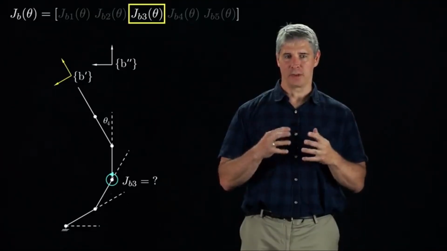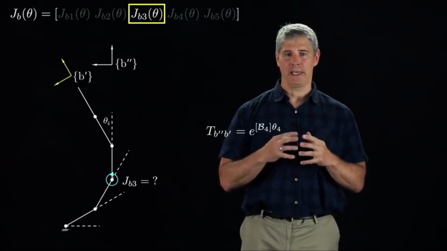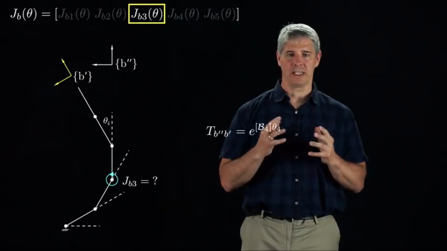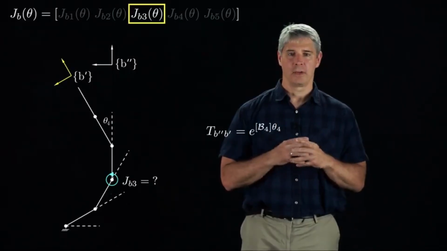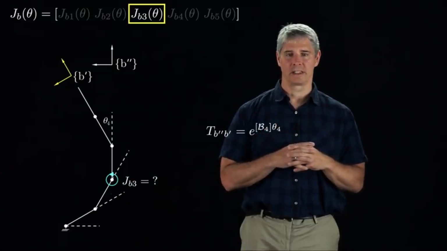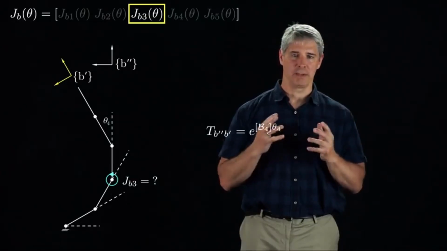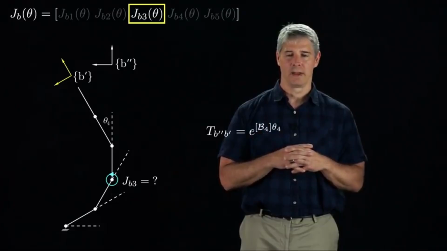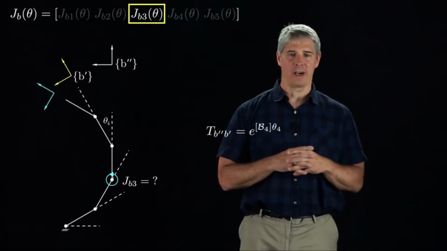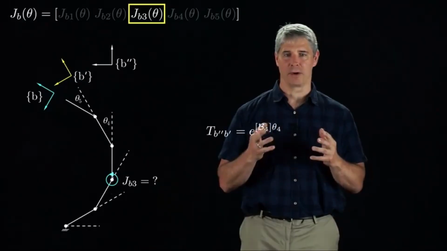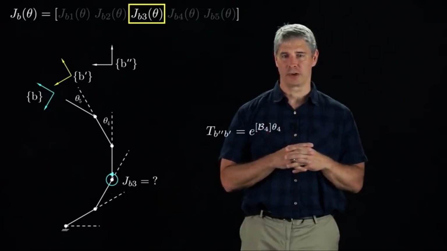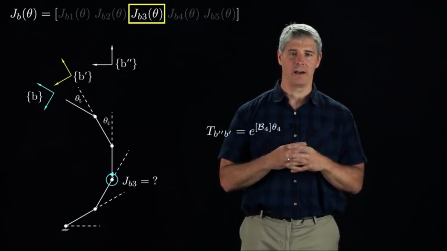The relationship between the two is given by T_B''B' equals e to the bracket B4 times theta 4. We define the B double prime frame because the screw axis for joint 3 is just B3 in this frame. Finally, we rotate joint 5 by theta 5, giving us the final end effector frame B, obtained by rotating the frame B prime about the joint 5 screw axis by theta 5.